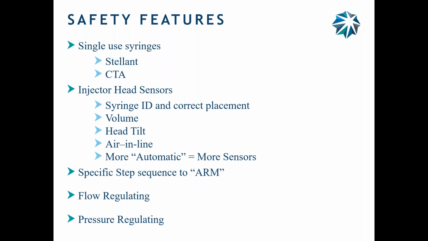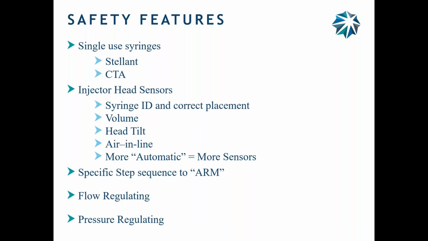Injector head sensors, syringe ID, correct placement, how much volume, head tilt sensor, air and line sensors. More automatic equals what? More sensors. Specific step sequence to arm. Some of these things are really, really specific. You have to do 1, 2, 3, 4, 5, 6, then shoot. If you don't, it won't let you shoot.